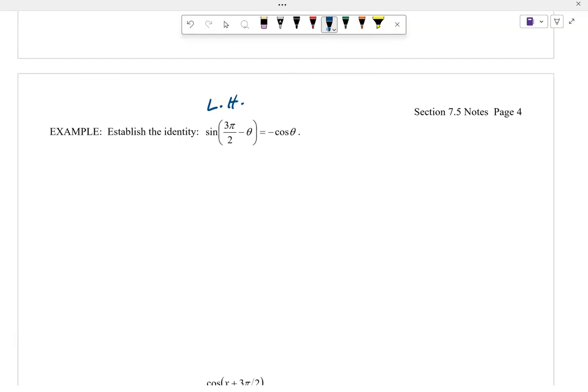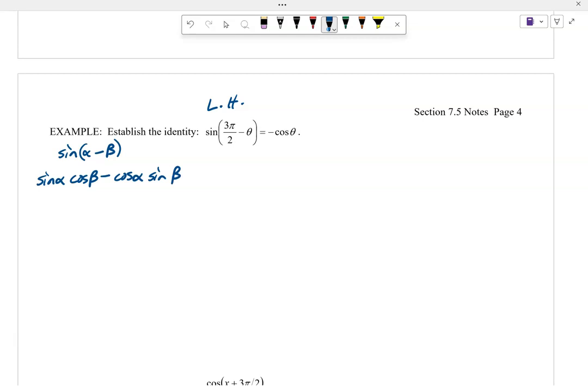So I'm going to use sine alpha minus beta, or sine x minus y, because I know that that is equal to, again, I just look at my sheet, sine alpha cosine beta minus cosine alpha sine beta.